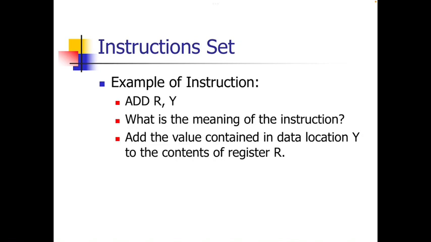It means we need to add the value contained in data location Y to the content of register R. Both of these parts refer to addresses. So what we do here is add what we have in Y to what we have in R.